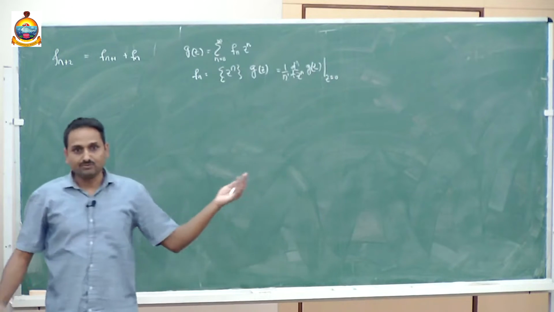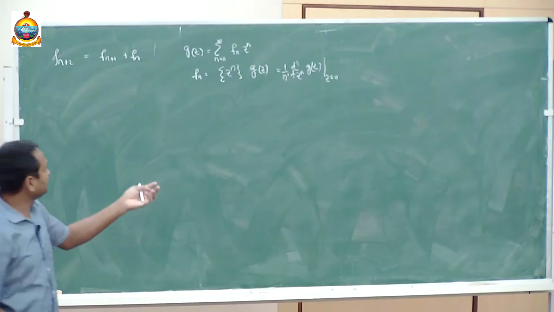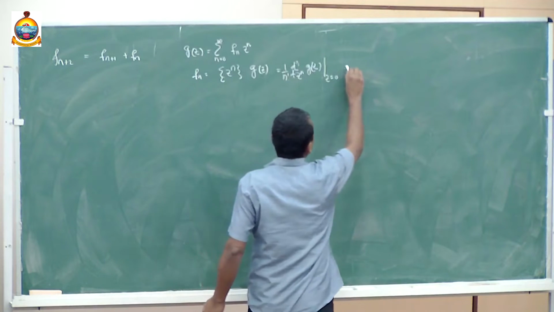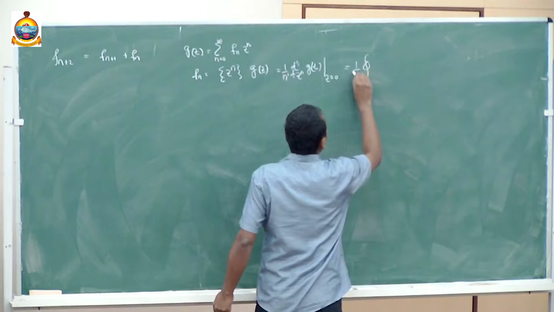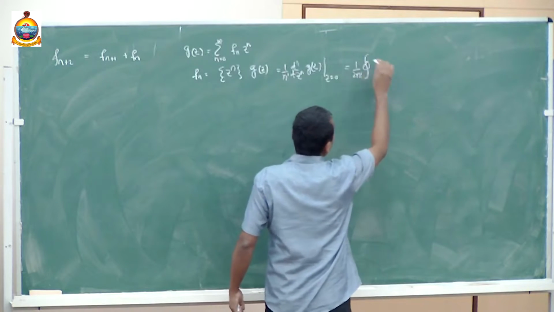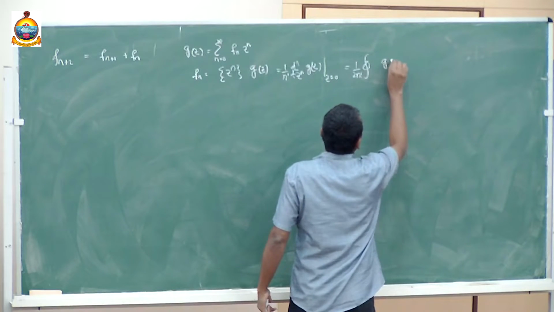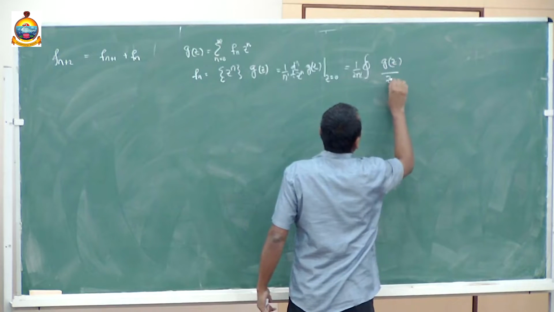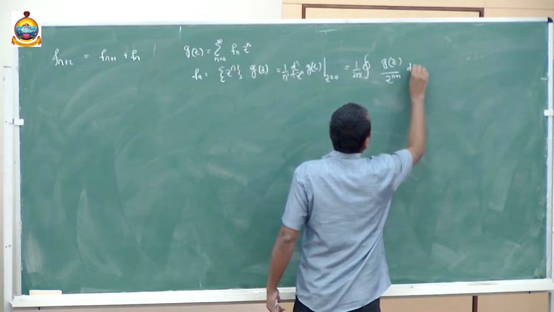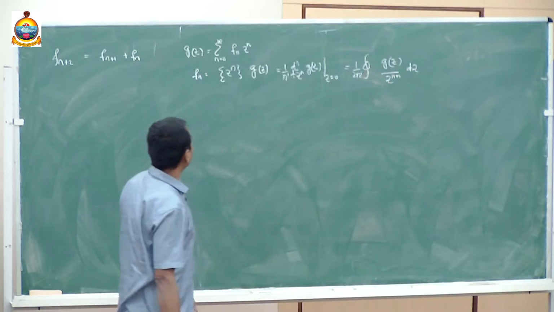That's one way to find the coefficient, and there are other methods also. It is also equal to a contour integral, 1 by 2 pi i, of g(z) divided by z to the power n plus 1, dz. If you do not know this at this stage, just stick to the first formula.